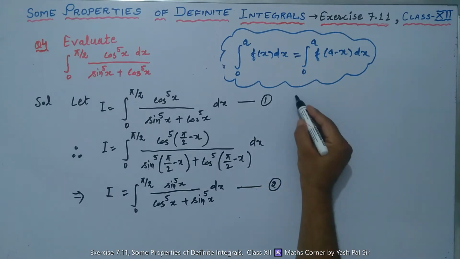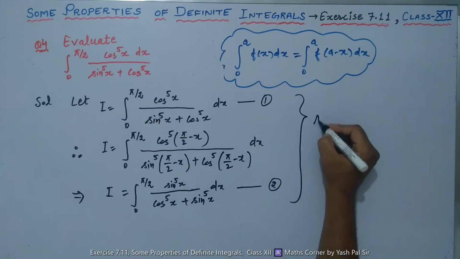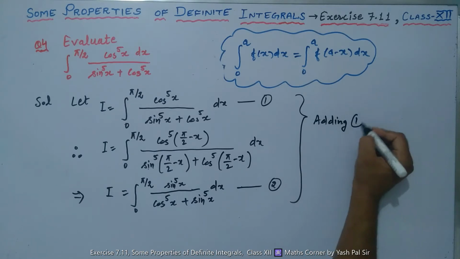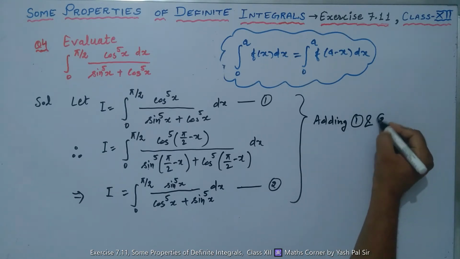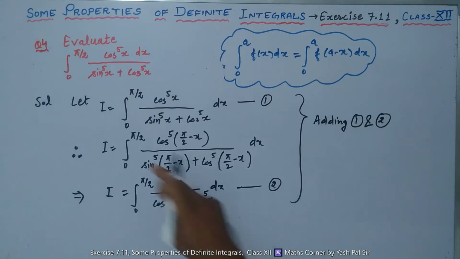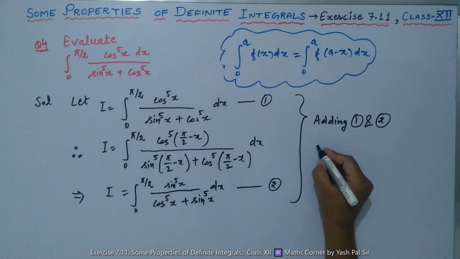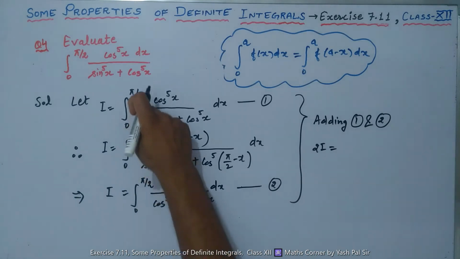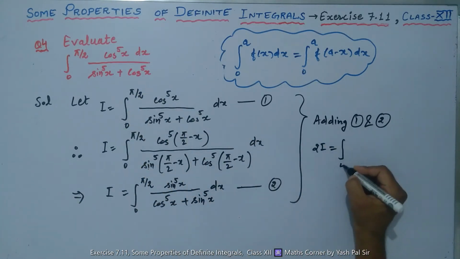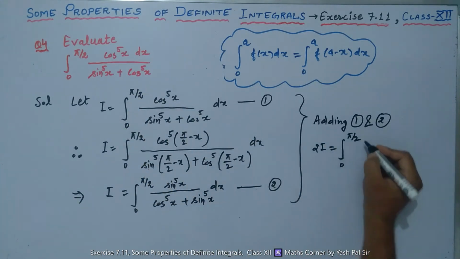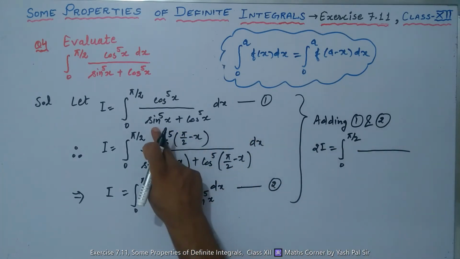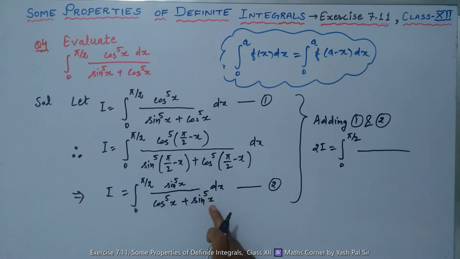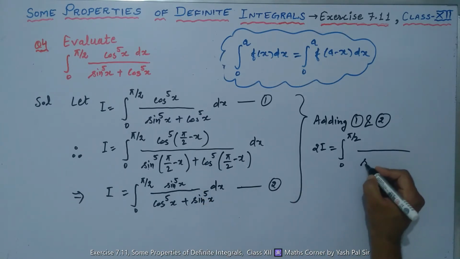Again adding these two equations, adding one equation and second equation, what we have I plus I becomes 2I, limit is same 0 to pi by 2, we write one time only, denominator is same sin raised to power 5x plus cos raised to power 5x.